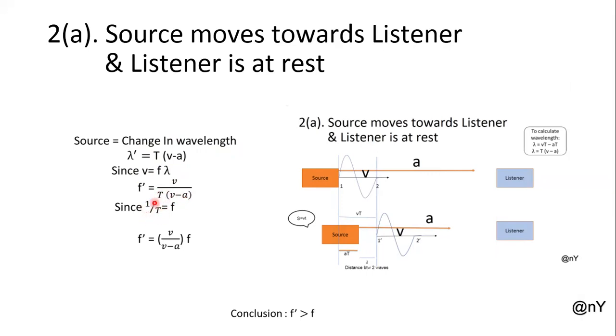The reciprocal of time period equals F, and thereby, putting the value of F here, we have apparent frequency equals bracket V upon V minus A, bracket close, into F. Since the numerator is greater as compared to the denominator, the apparent frequency is greater as compared to the actual frequency. In simpler terms, if I am standing and the source is moving towards me, then gradually with time I will notice that the loudness or the frequency of those sound waves appearing to me will increase.